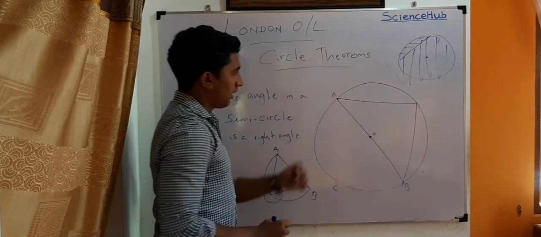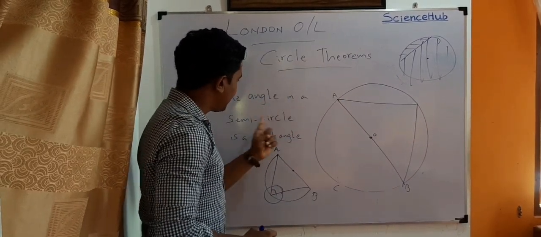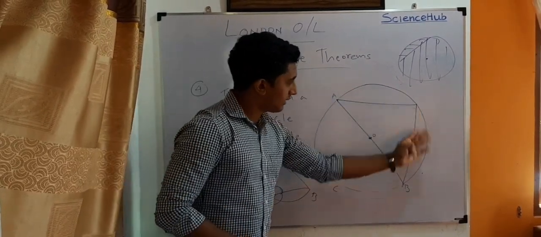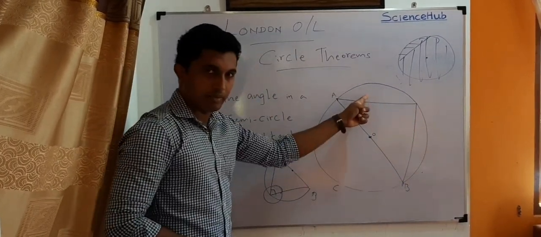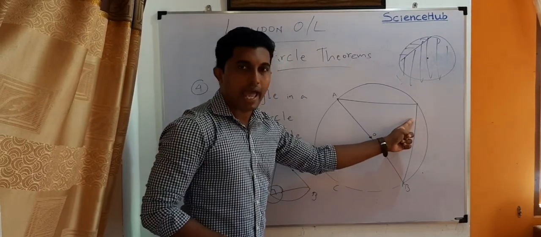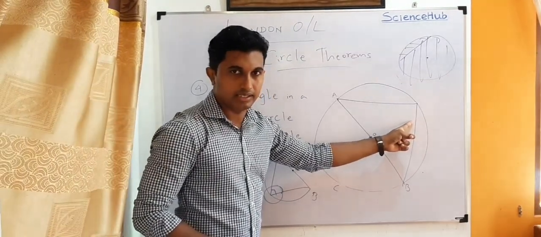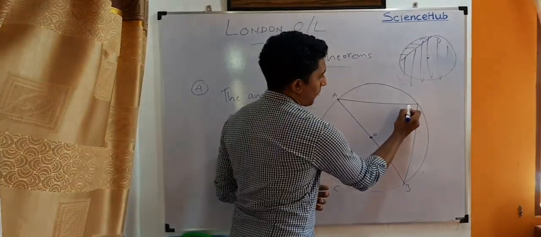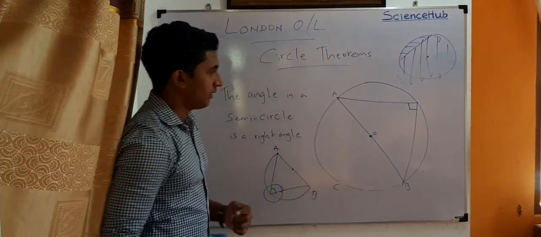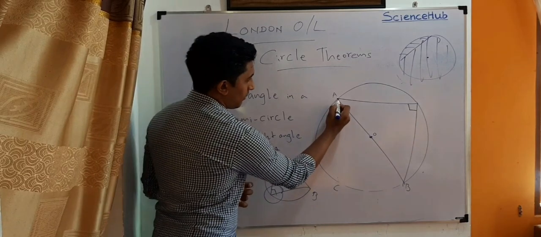According to this theory, this is the semicircle part, and this is the angle in a semicircle. Then this should be 90. Now consider this one.